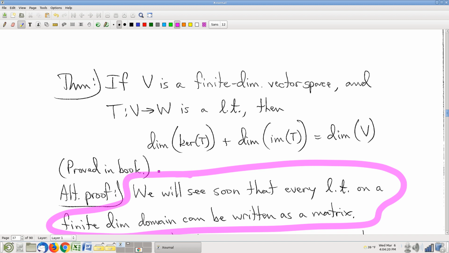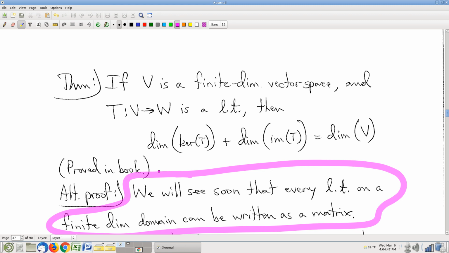I'm going to claim without proof right now, proof to come next week, oh, by which, of course, I mean after break, that every linear transformation on a finite dimensional domain can be written as a matrix. Now, this is very far from obvious. It is, however, true, and I am going to prove this later.